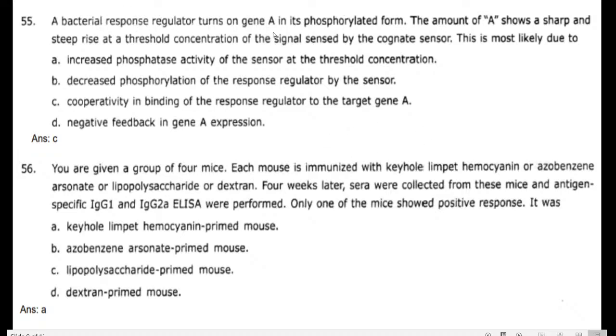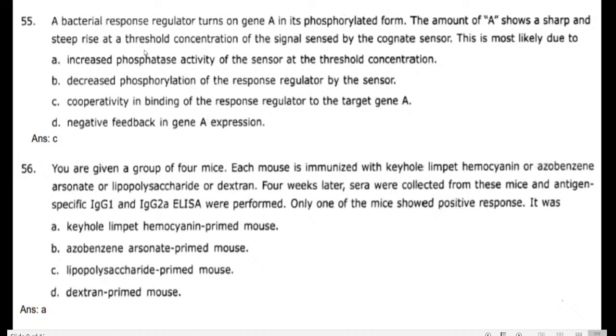Here they have provided the statement that the bacterial response regulator turns on gene A. The amount of A shows a sharp and steep rise at the threshold concentration of the signal sensed by the cognate sensor, so the amount of gene A becomes high. This is most likely due to answer C, cooperativity in the binding of the response regulator to the target gene.